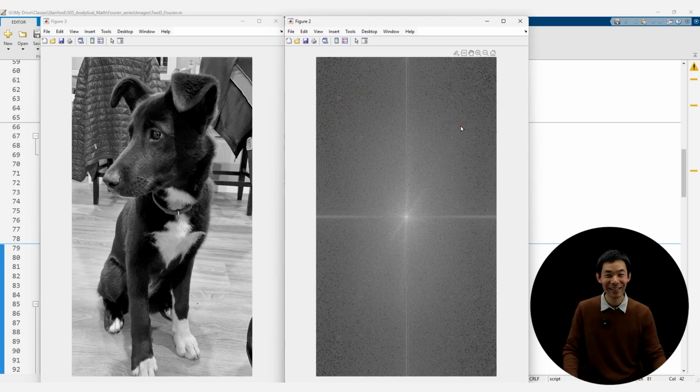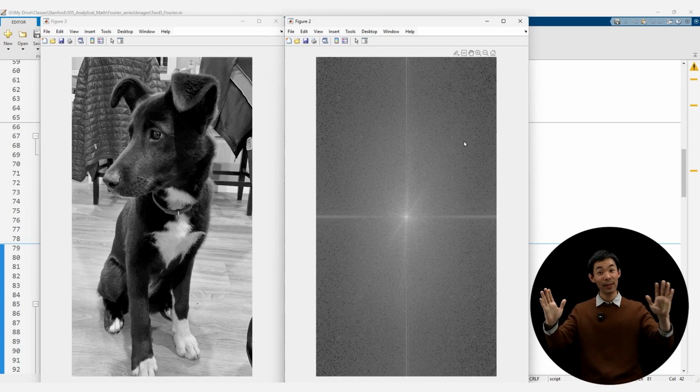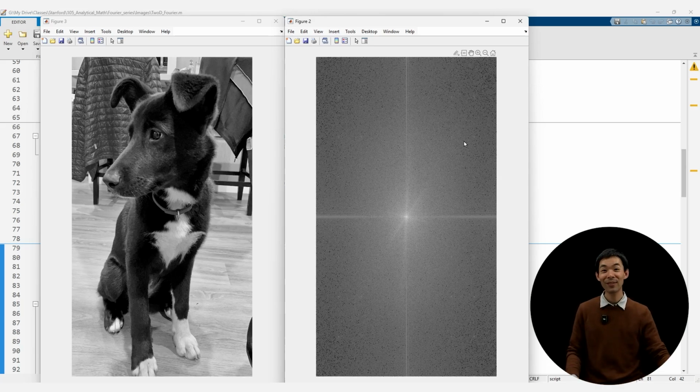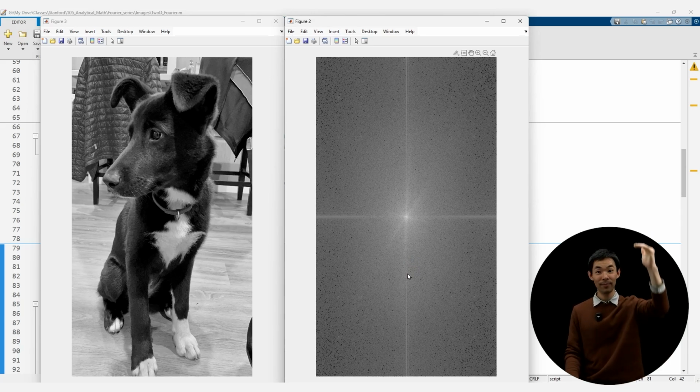It's the same kind of plot we've been showing for the simple toy examples, where along the x direction we show the modes along x, so n, and the modes along y are shown here, and that's m.